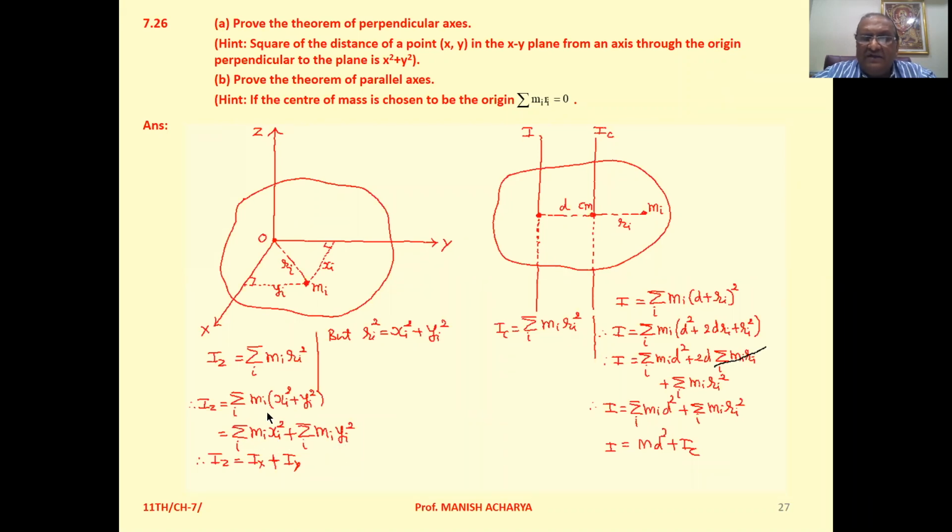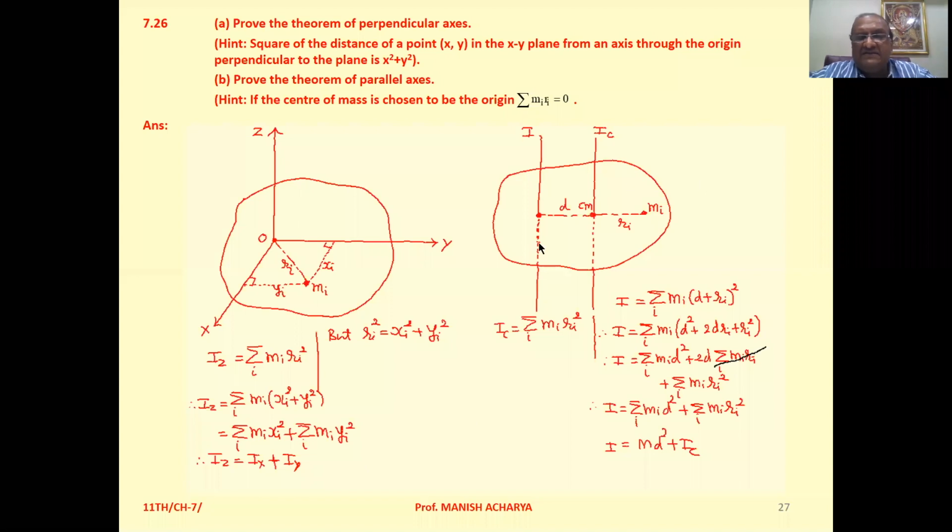These two are the moments of inertia of the body with respect to the x and y axes. So we can write Iz equal to Ix plus Iy. Perpendicular axis theorem is proved.